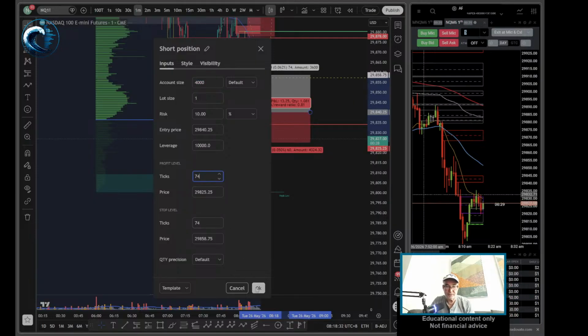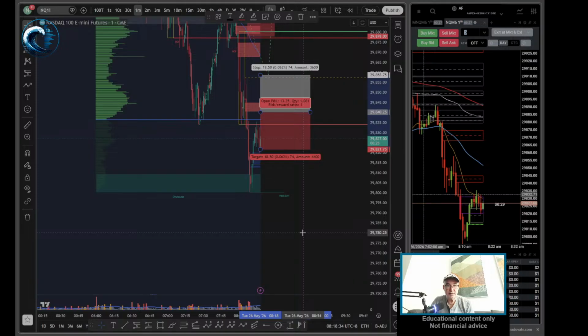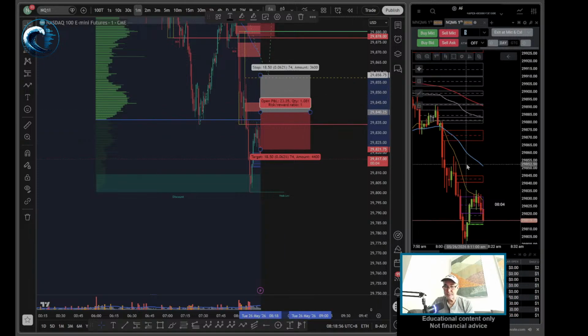It's a bit more risk. So using the equilibrium of the orb, the Tokyo orb, 5-minute orb, so look for a bounce off that. You know what? I'm going to do that.